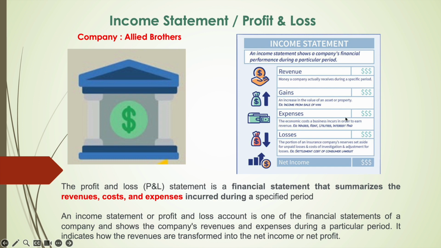The income statement provides valuable insights into a company's profitability, efficiency, and financial performance over time. It is used by investors, creditors, analysts, and other stakeholders to evaluate a company's ability to generate profits, manage expenses, and create value for shareholders.